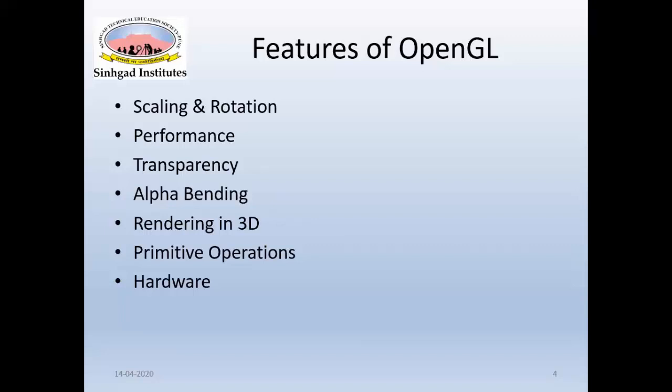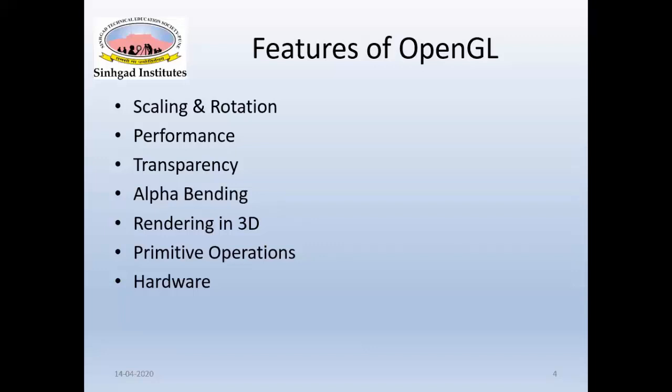Fifth, rendering in 3D. OpenGL offers the ability to render 3D graphics. By using OpenGL, we can draw the objects which are away from the user as smaller as compared to the objects which are near to the viewer. Sixth, primitive operations.